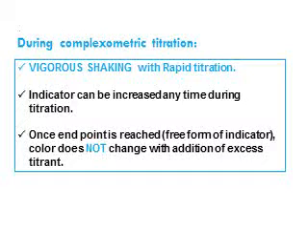And that's important: once the end point is reached, the color doesn't change, which means you can come to us and say, doctor, is that color right? Yes, it's right, but I don't know if you have put in more EDTA or not, because once we have the free indicator color, nothing will change.